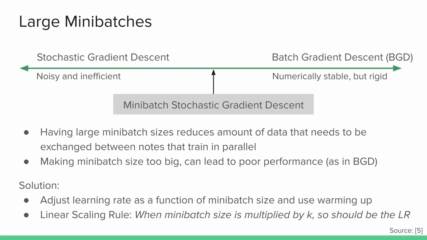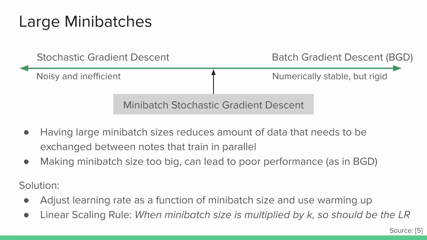So having this is usually beneficial, but just be careful that you're not too big, because otherwise you might exhibit poor performance again, either by overloading the memory of your GPU or by having this rigid version of gradient descent, as in batch gradient descent.